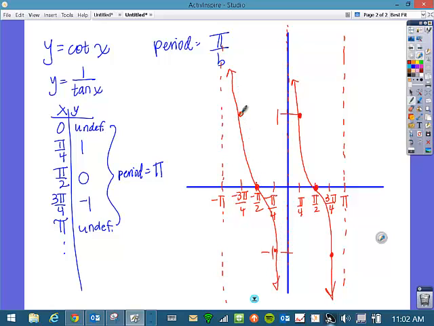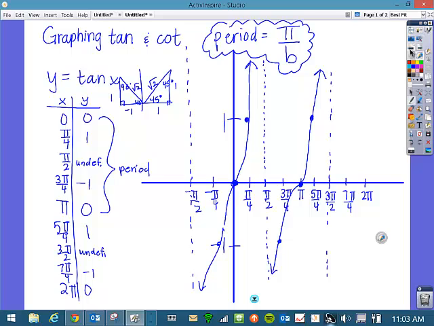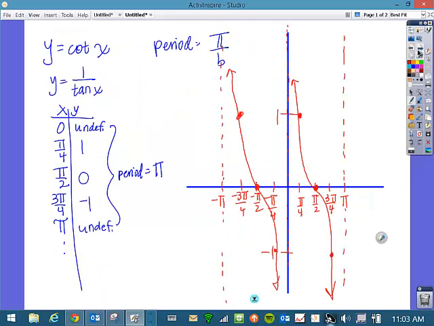I'm really not so good at connecting my points with lines, but the cotangent squiggle just points in the opposite direction. So here's tangent: it points upwards toward the right. Cotangent points upwards toward the left.